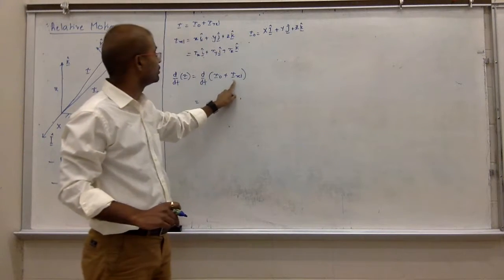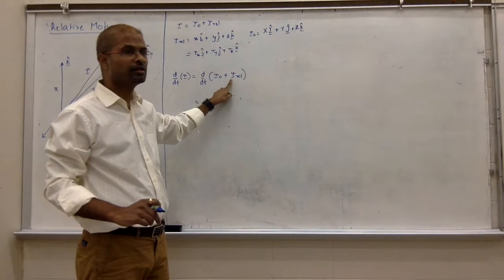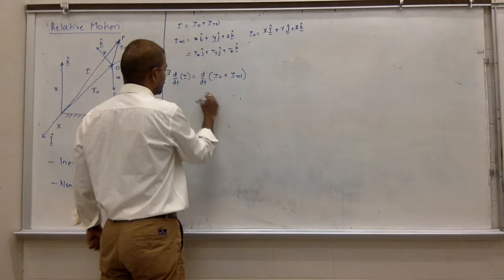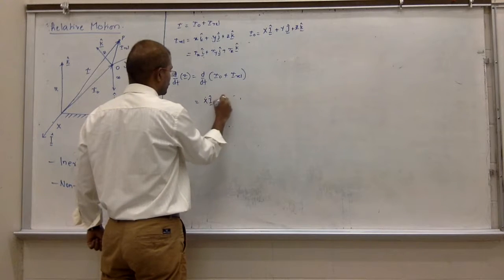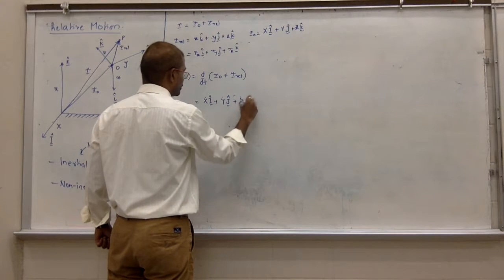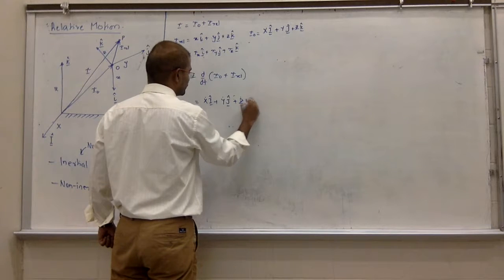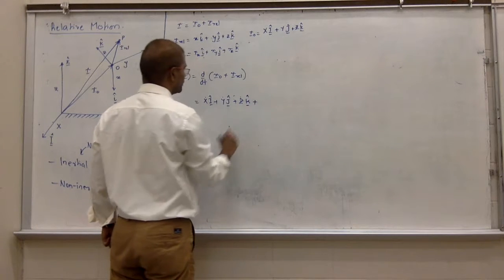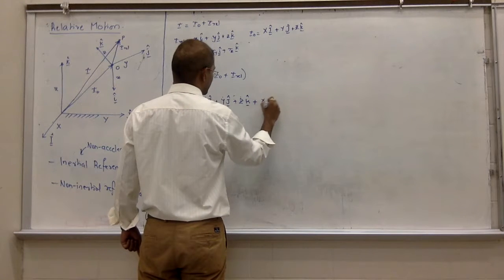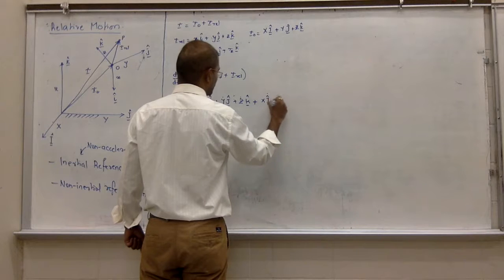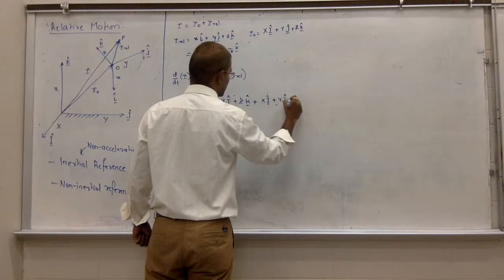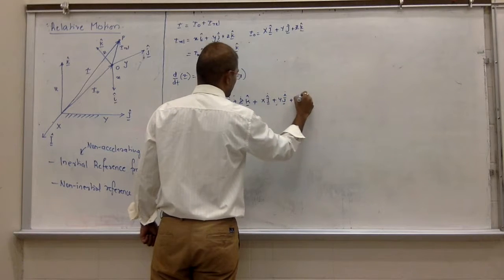But what would the derivative of this be? If I take this, it will be X dot I plus Y dot J plus Z dot K, plus X I dot plus Y J dot plus Z K dot.